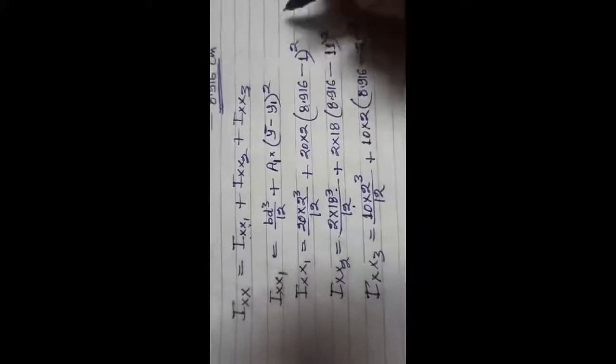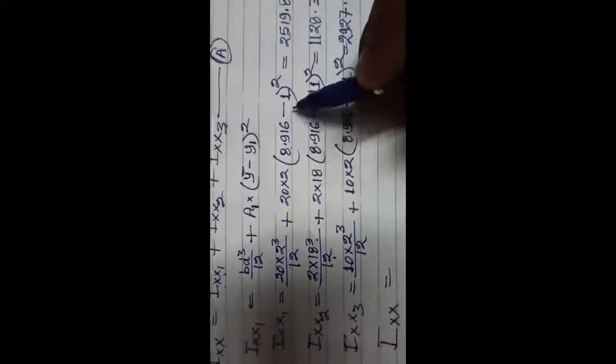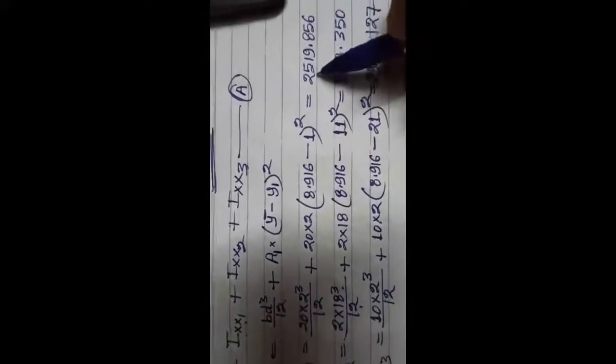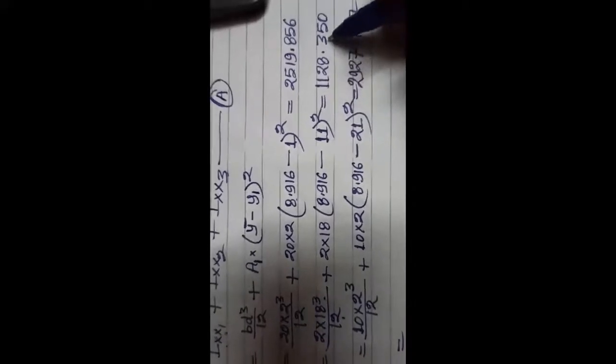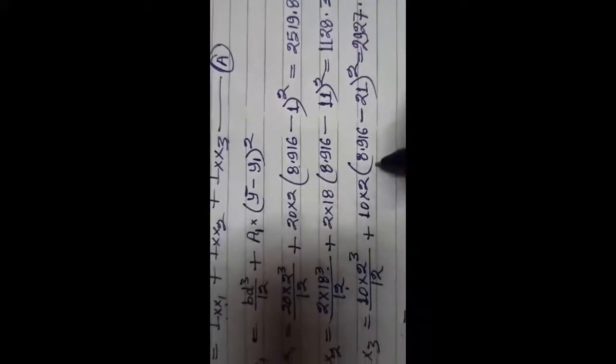And after finding these values, we can put these values in this equation number A. So on putting, we can find out the value of IXX. On solving this IXX1, we have received this value 2519.856, and by calculating this IXX2, 1128.350, and on calculating this IXX3, 2927.127.